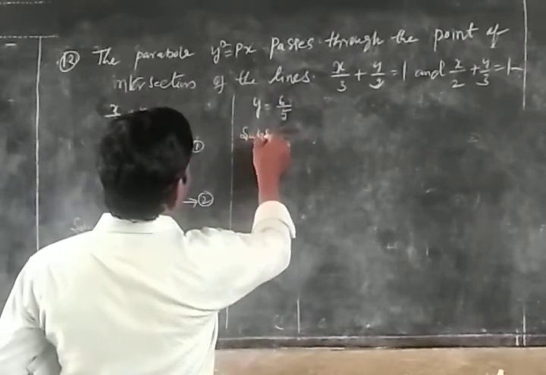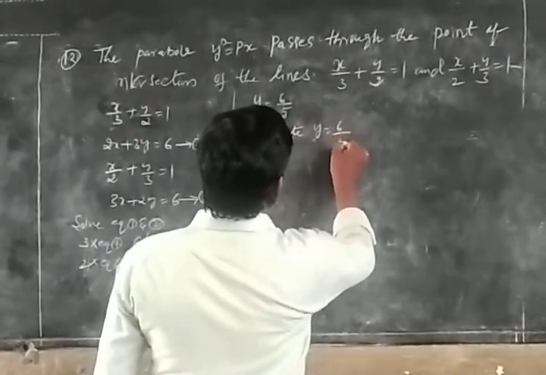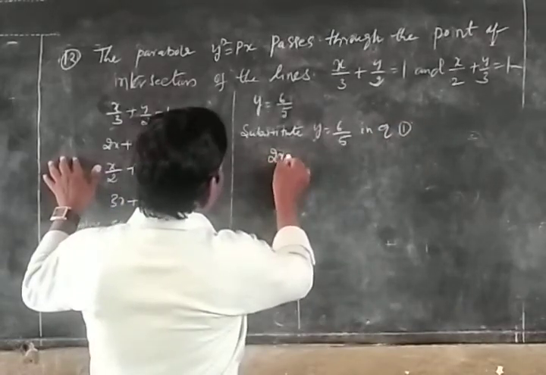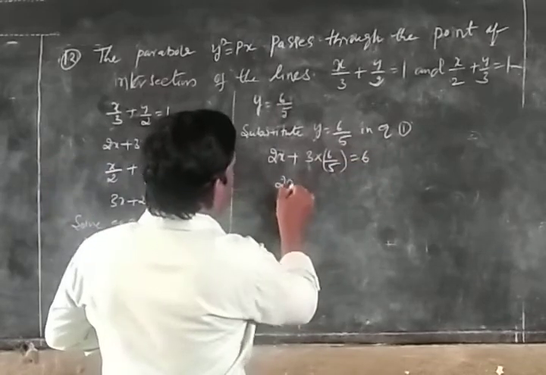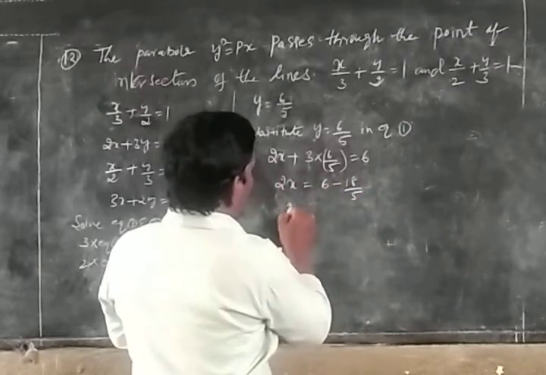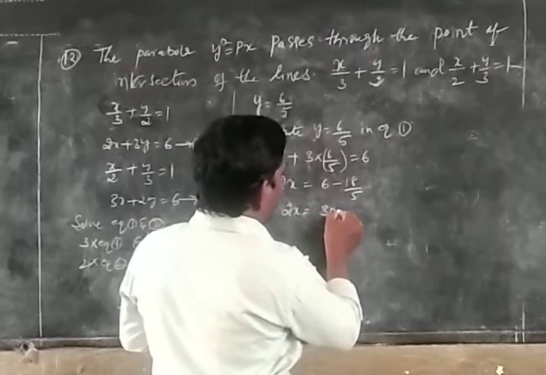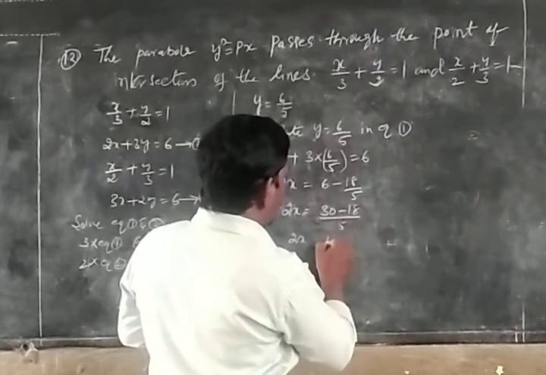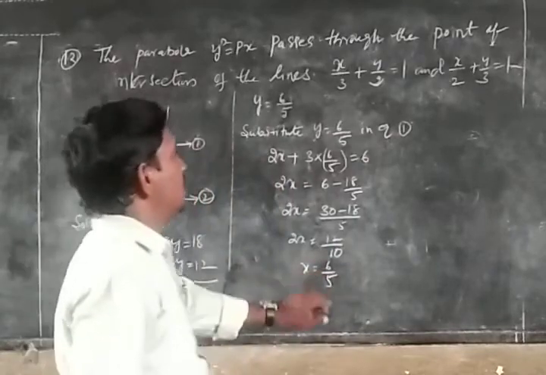Substitute y equal to 6 by 5 in equation 1. 2x plus 3 into 6 by 5 equal to 6. 2x equal to 6 minus 18 by 5. 2x equal to 30 minus 18 by 5. 2x is equal to 12 by 5, that means x is equal to 6 by 5.